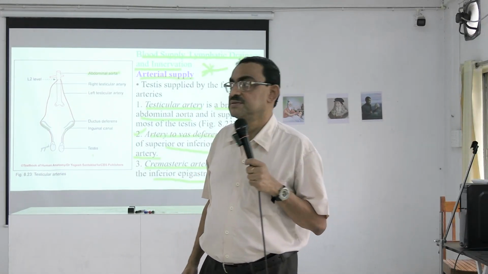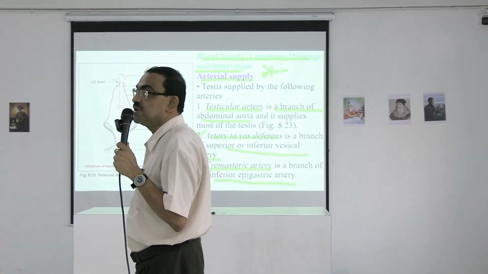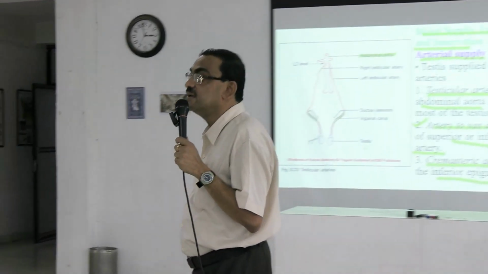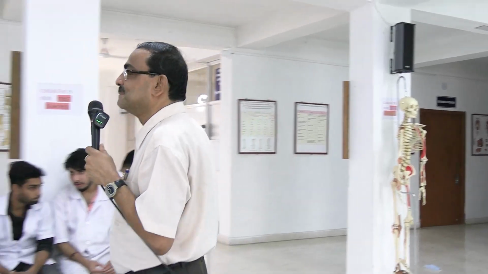Artery to the vas, again, is coming from the inferior vesical artery, and that is again from the anterior division of the internal iliac artery. So there is an anastomosis between this testicular artery and the artery to the vas. So ultimately when the testicular artery is tied, what will happen?